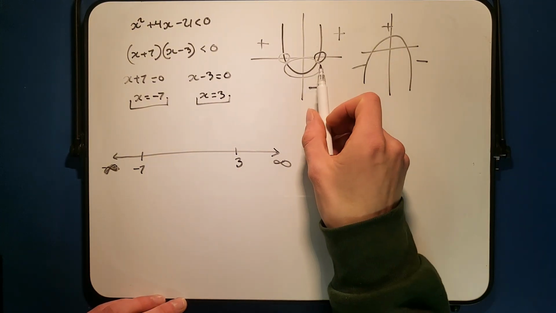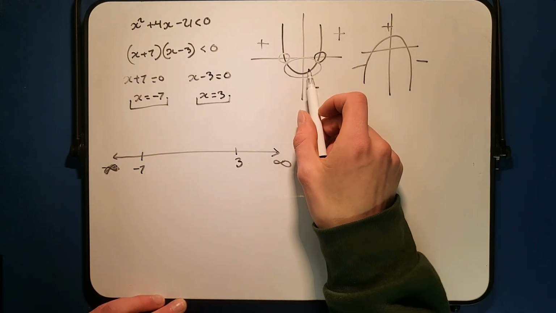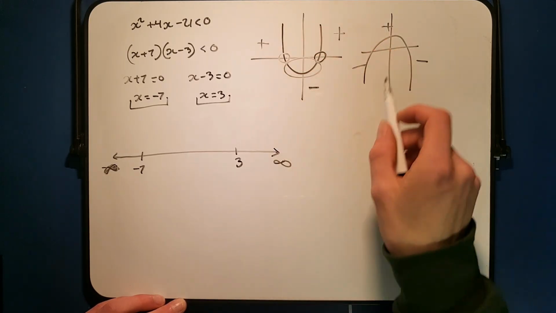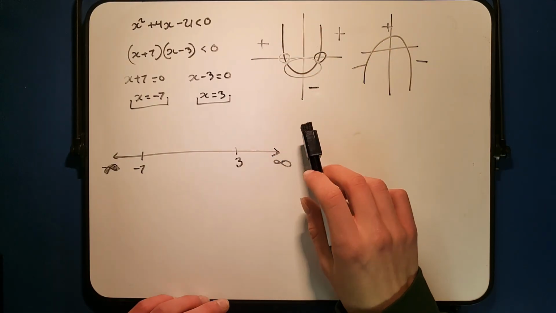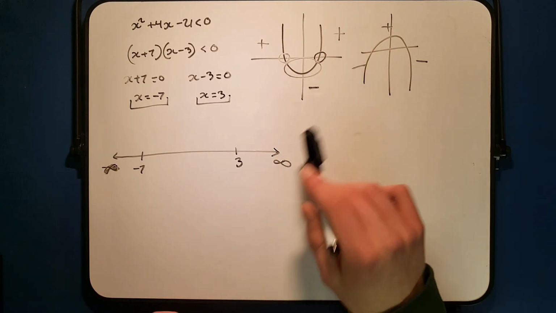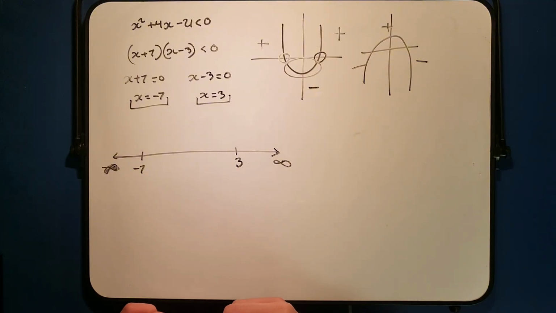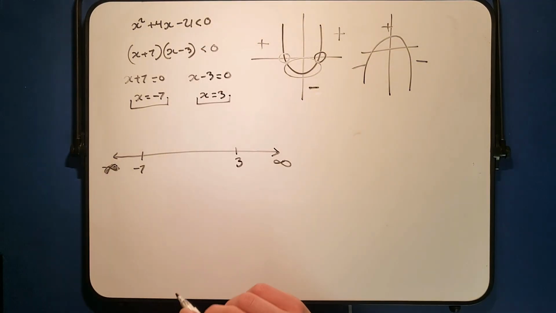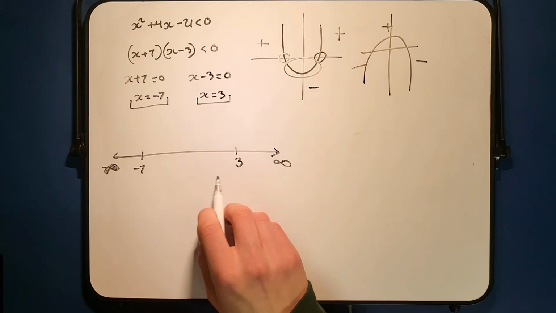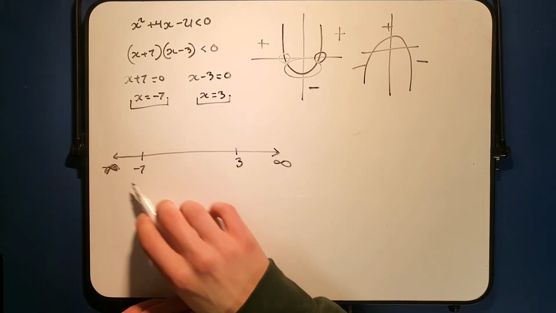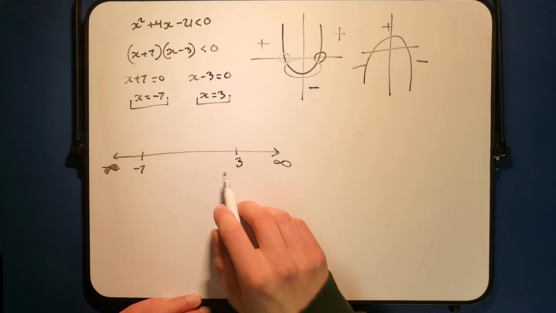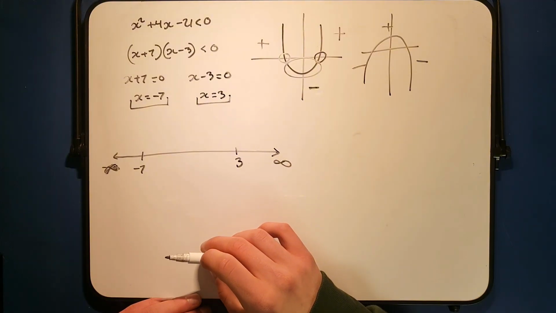So how do we know which type of quadratic it is? Is it a positive one or is it a negative one? We can find which type of quadratic it is by plugging in a value for x into our original quadratic. So if we plug in a number between minus 7 and 3, we will know whether this will be positive or negative.